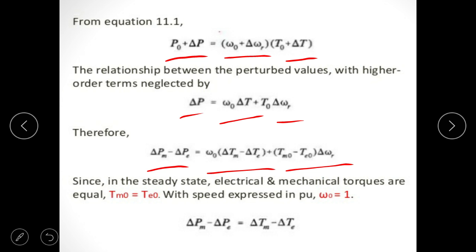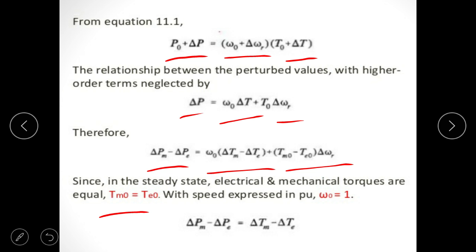Since in the steady state electrical and mechanical torque are equal, Tm0 is equal to Te0. It means if the system is in steady state condition, then electrical torque should be equal to mechanical torque.